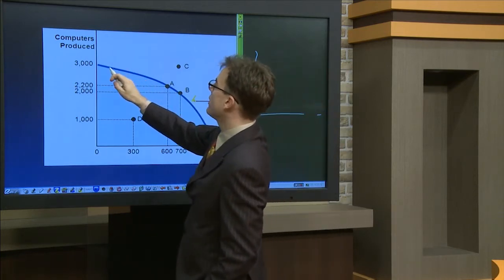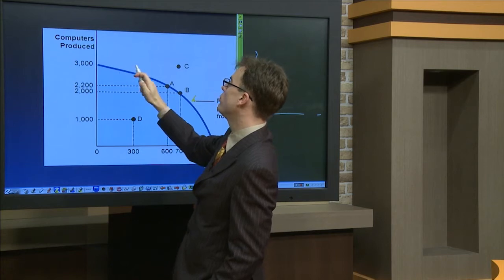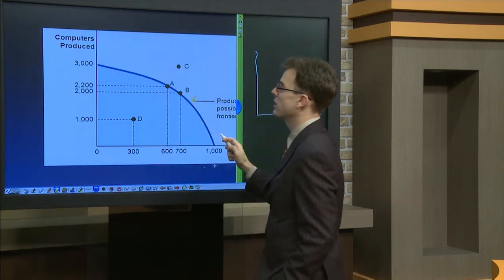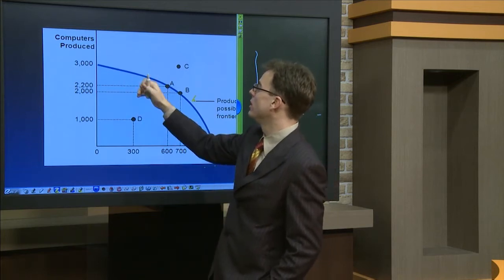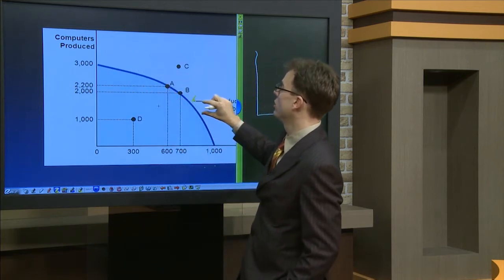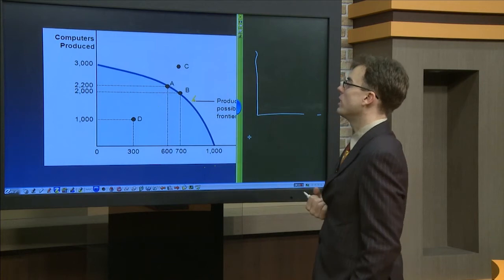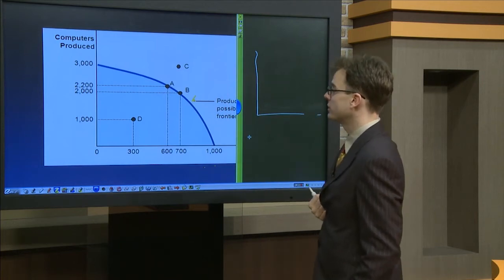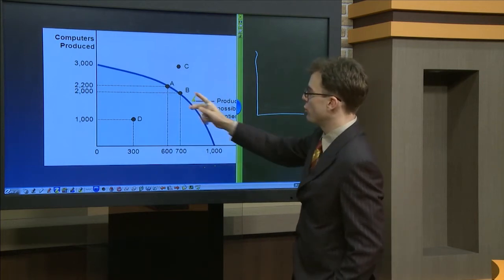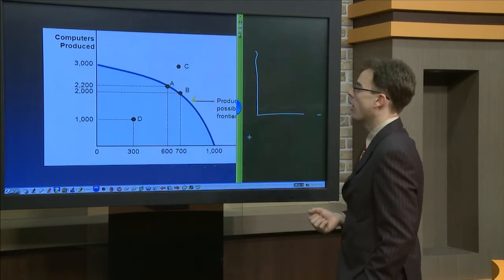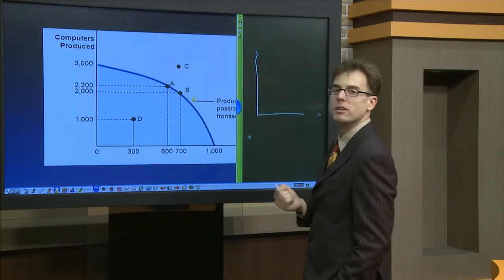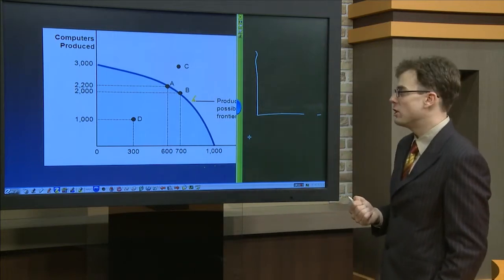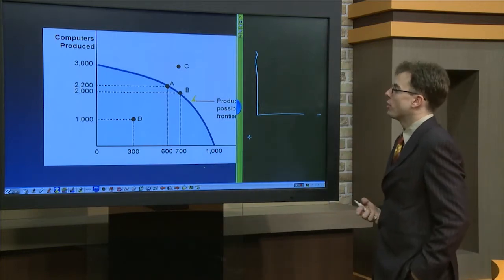And if we think of moving between points on this production possibilities frontier, we would realize that the more cars we produce, the more and more incrementally we have to give up of computers to produce each additional unit of cars. So we would say that this production possibilities frontier shows us diminishing marginal returns.